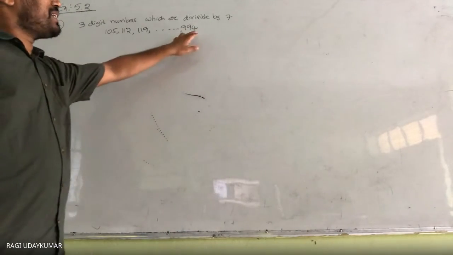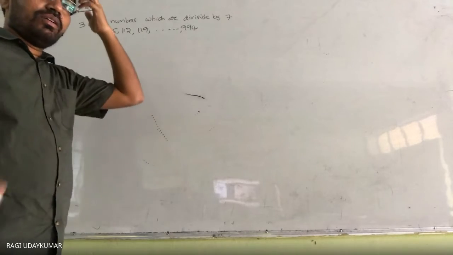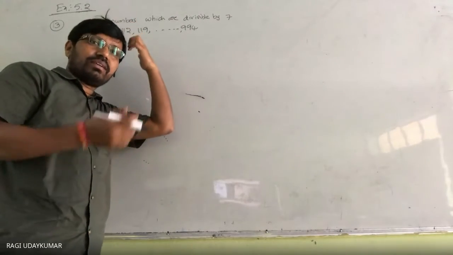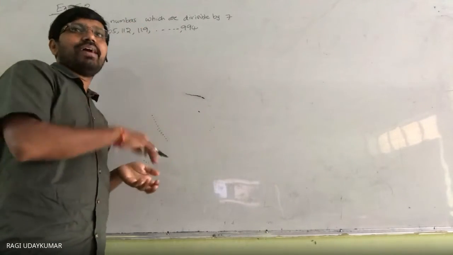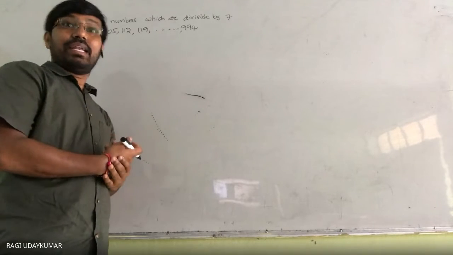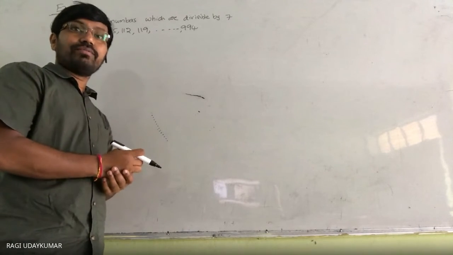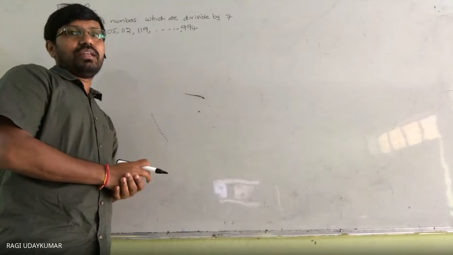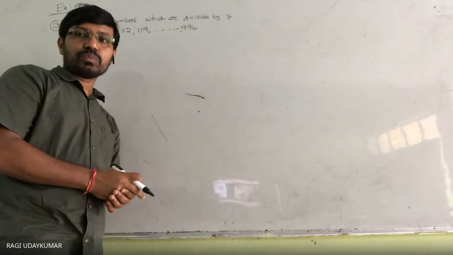See here, if you take 995 also, you are going to get a mistake. You will not get an integer value for n, and you can find out that mistake also, in case you do it like that.